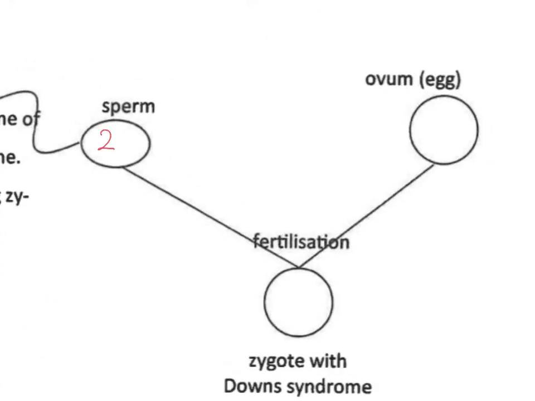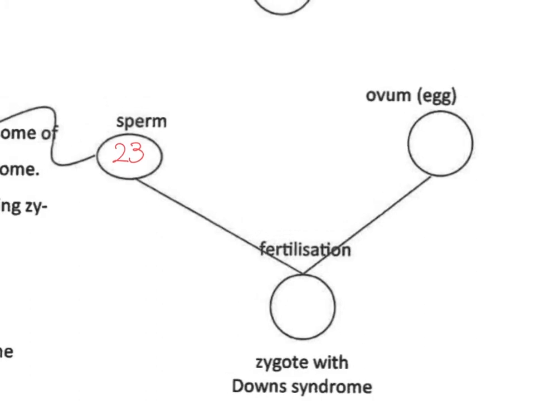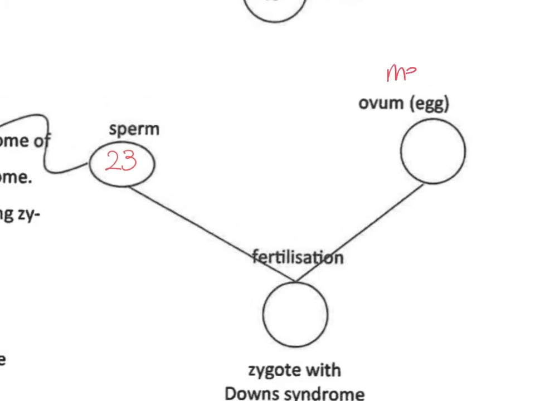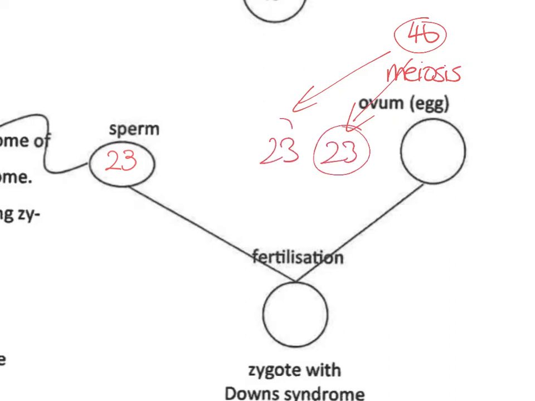Well, from research, they think that the mistake has happened somewhere in the female, during meiosis in the female's body. So the parent cells start off with 46. Two cells with 23.